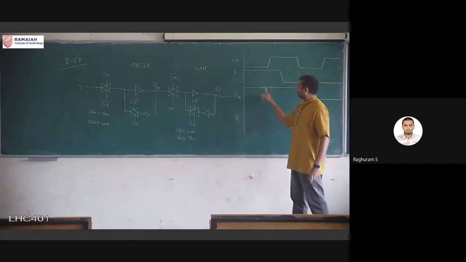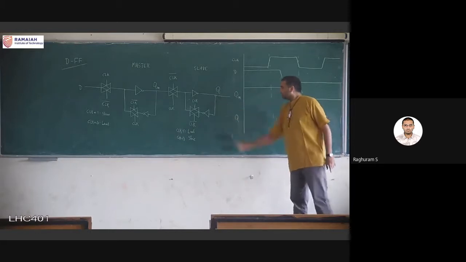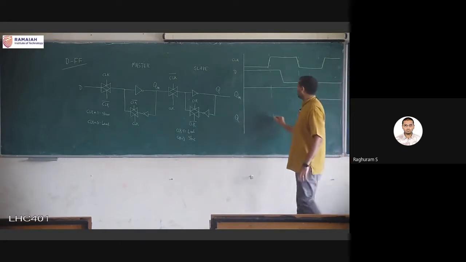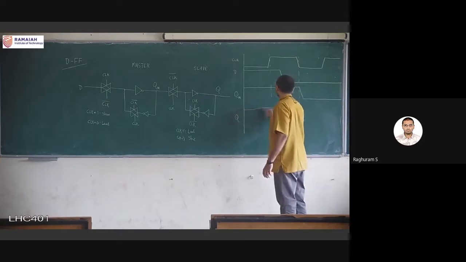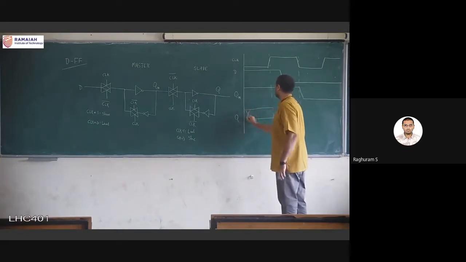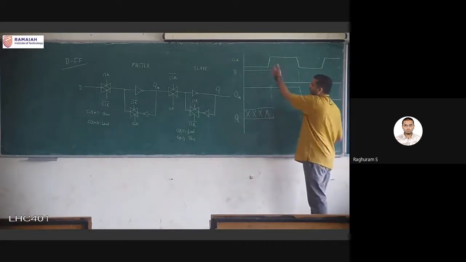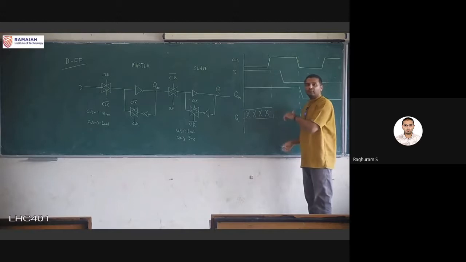So QM is here. Clock equal to 1 is load. So up to this particular point I don't know what the value is, because only when clock equal to 1 it will get the value from QM.